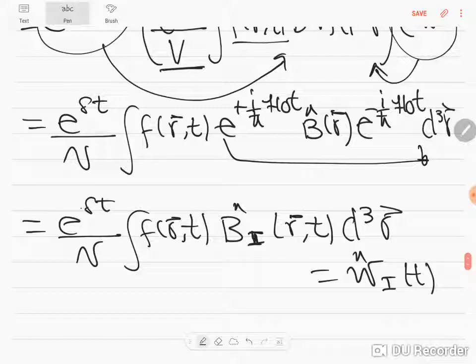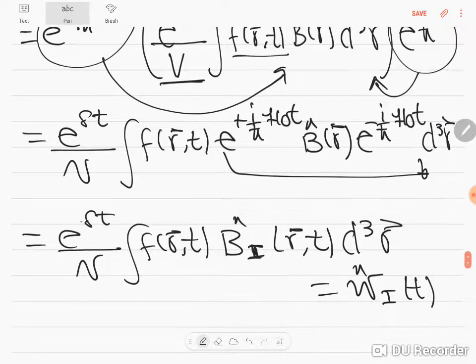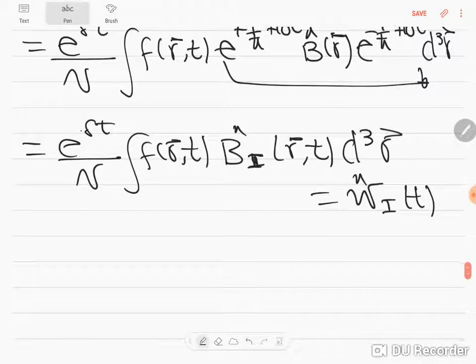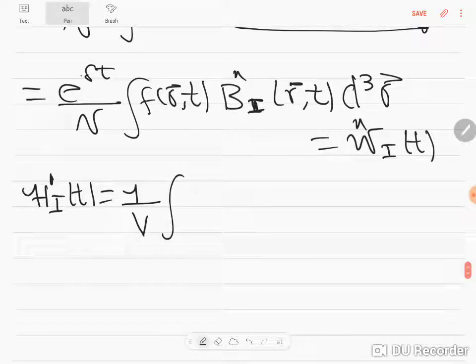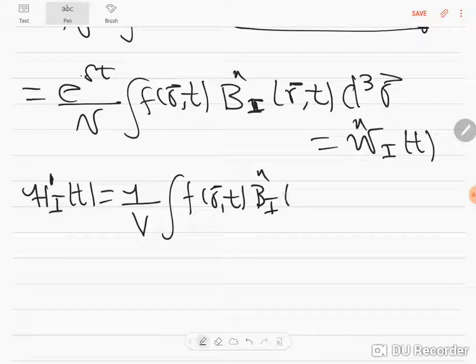So pretty much in the interaction picture, the Hamiltonian that we have defined above, H prime of t in the interaction picture, will be 1 over V integral of f of r comma t, B_I of r comma t in the interaction picture, d3r.